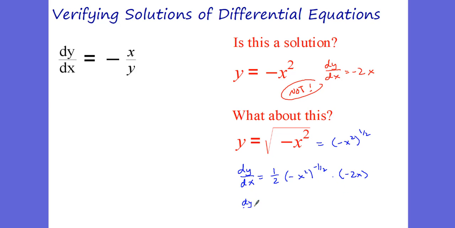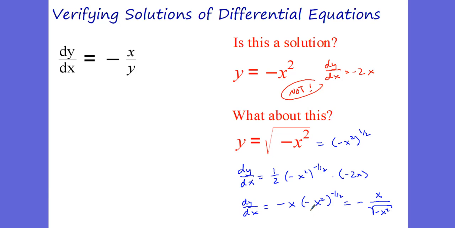So my dy over dx is equal to, the 1/2, the negative, and the 2 cancel out, so we're left with negative x times negative x squared to the negative 1/2 power. Or you could say negative x over the square root of negative x squared.